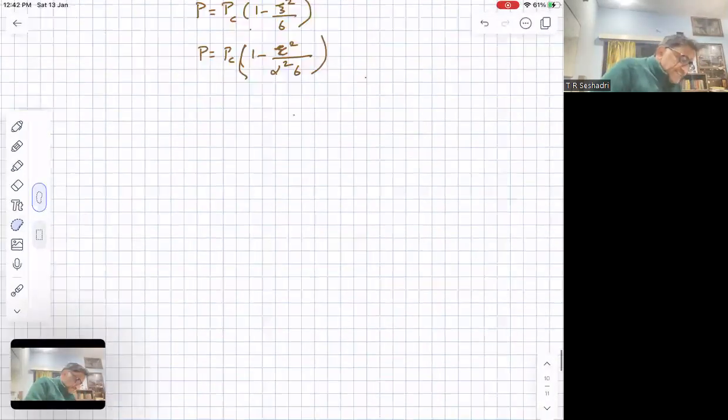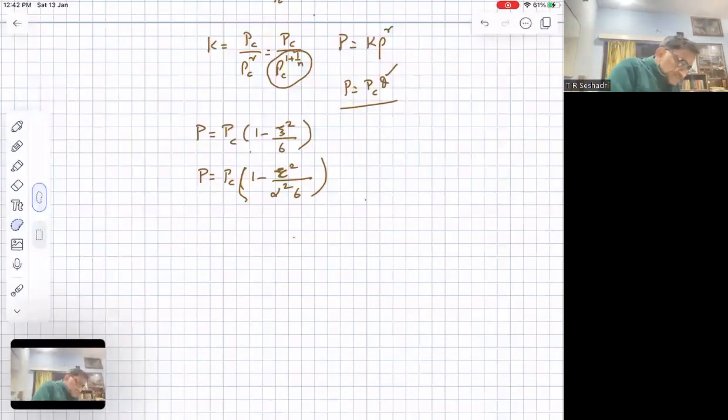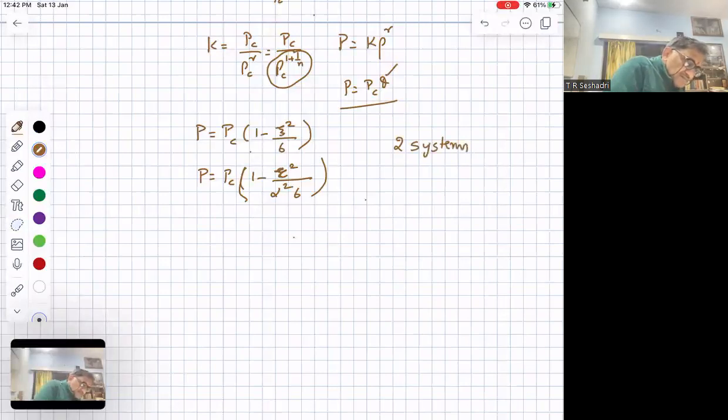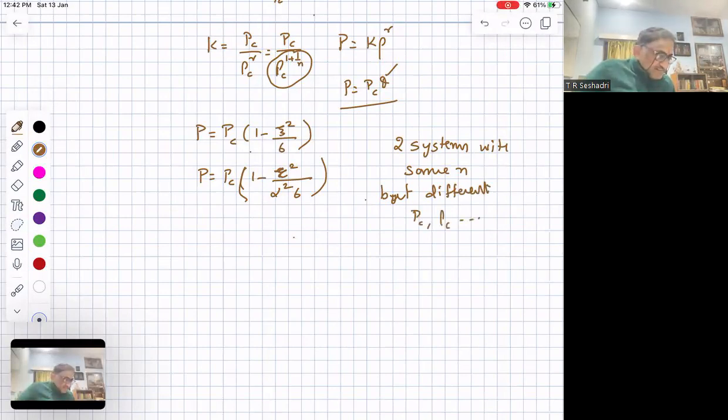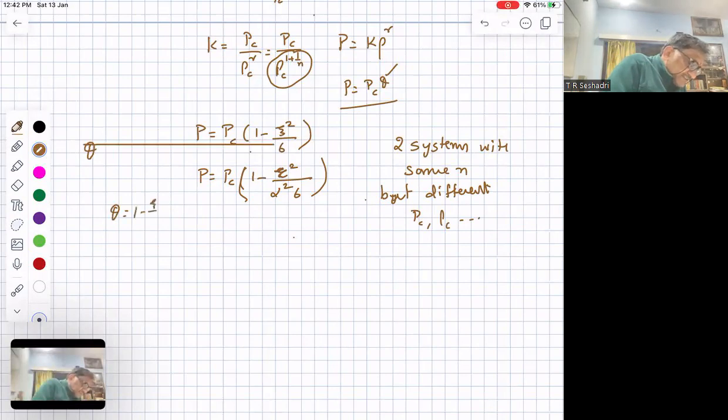So it means that if suppose you have two systems with same n, but different PC, rho C, etc., in the form of theta equal to 1 minus xi square by 6, the solutions are the same.